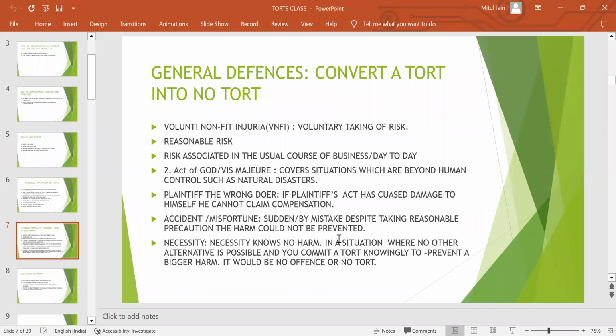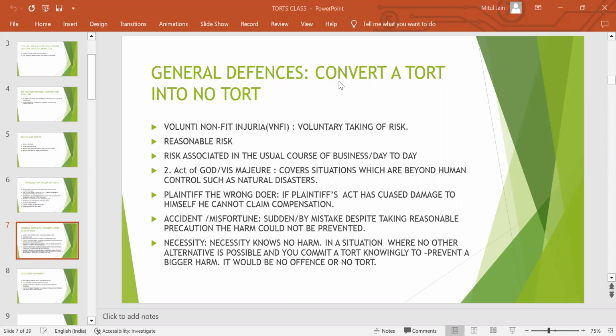Suppose you had gone to save someone, and while rescuing them you suffer some injury. Then he can very well claim compensation.